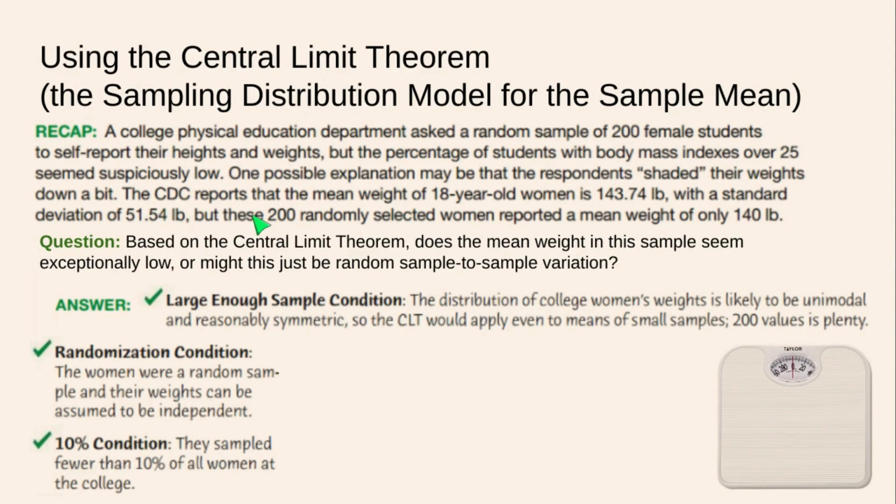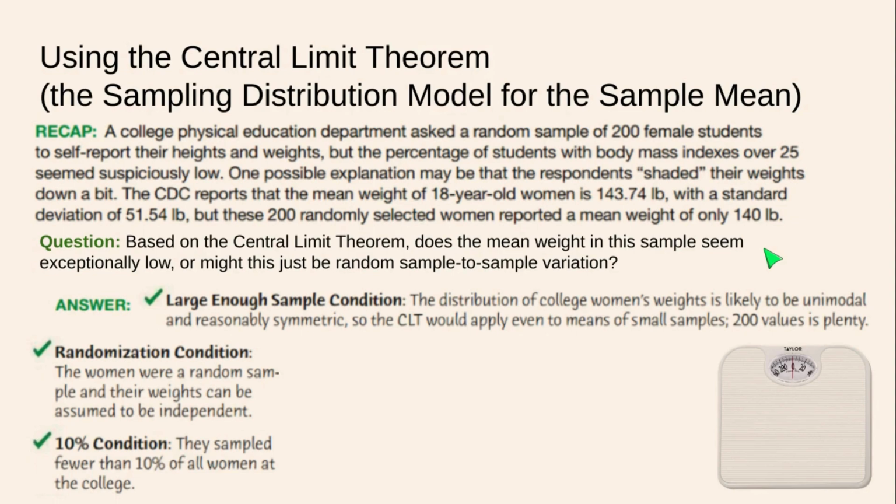The CDC reports that the mean weight of 18-year-old women is 143.74 with a standard deviation of 51.54, but these 200 randomly selected women reported a mean weight of only 140. Based on the central limit theorem, does the mean weight in this sample seem exceptionally low, or might this just be random sample-to-sample variation?